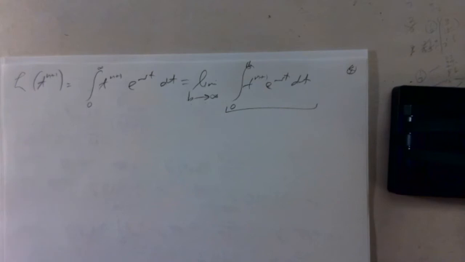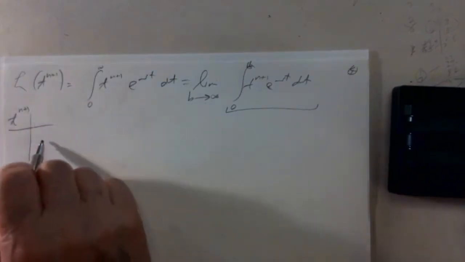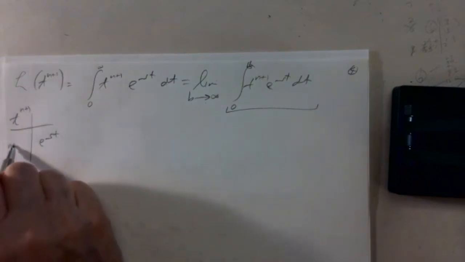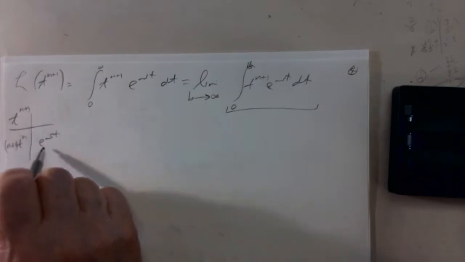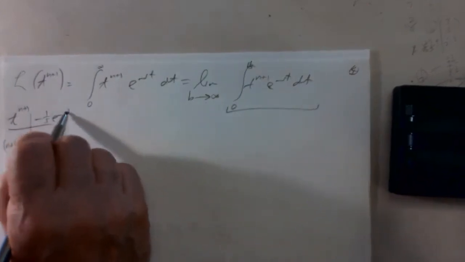We'll compute this integral by parts. We have t to the n plus 1 and e to the minus st. The derivative is n plus 1 times t to the n. The antiderivative is minus 1 over s e to the minus st.